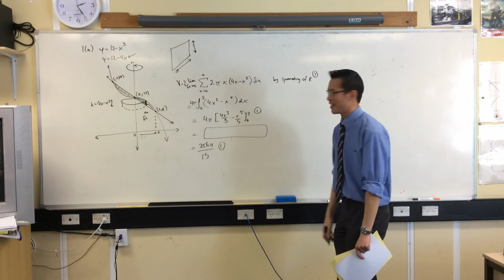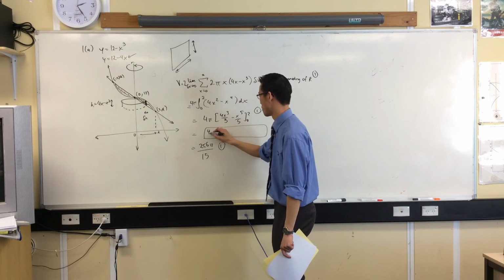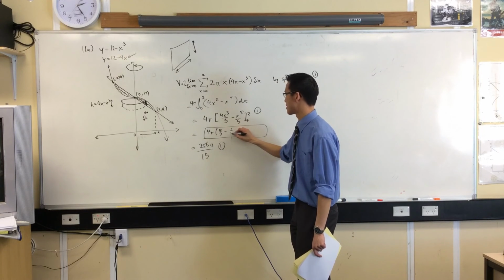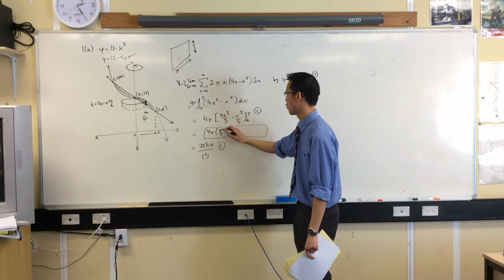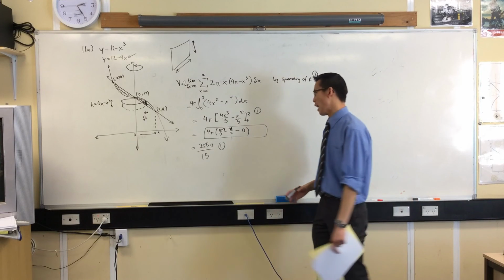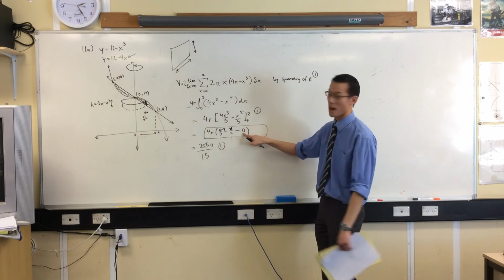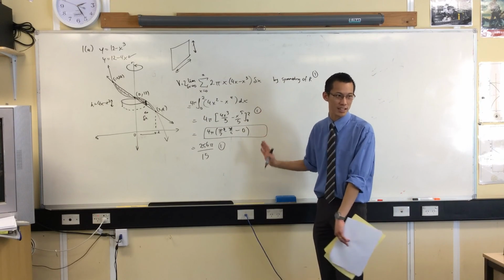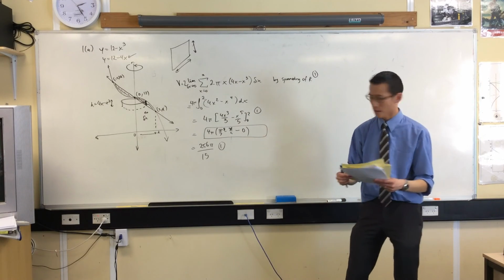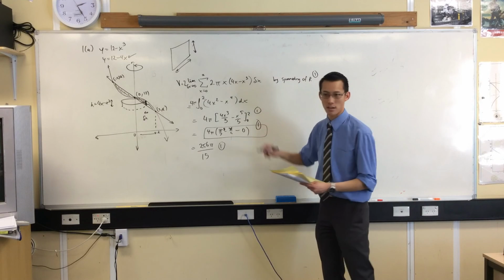So what do you get in there? You get 4 pi outside of, you should get 4/3 minus 1/5. Sorry, what am I talking about? 4 times 8, 32 on 5 minus 0. I wasn't too fussed if you didn't say 0 minus 0. It's clear that it's 0, but at least you evaluated it. And then out comes your number. 3 marks, 1, 2, 3 on the actual evaluation.